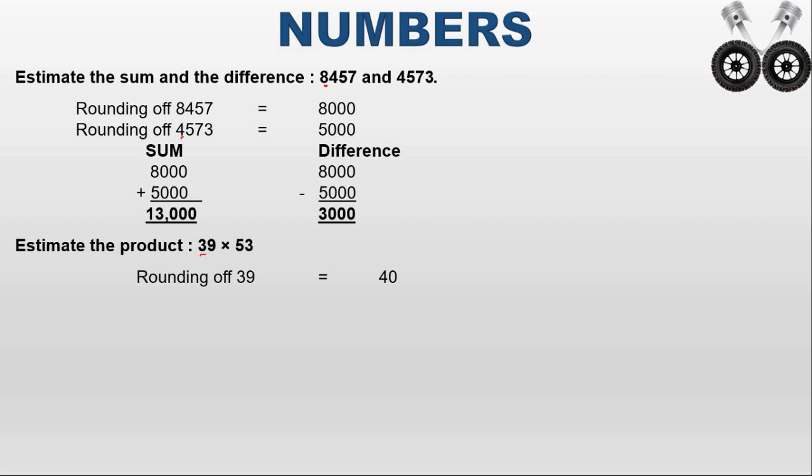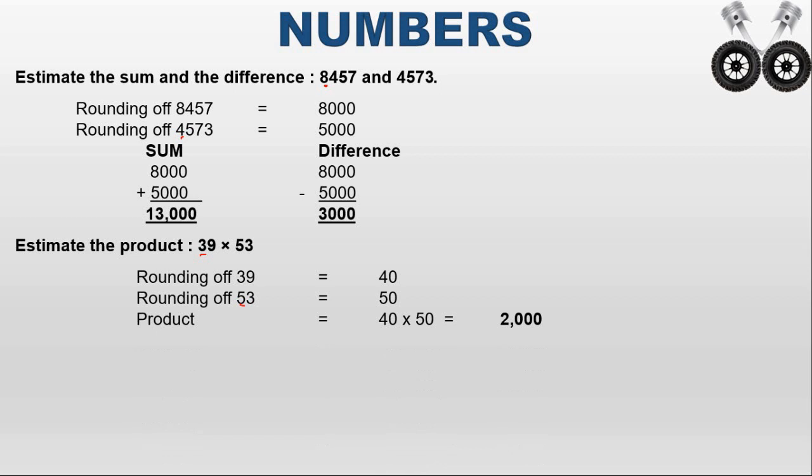So 40. Next, round off 53 to the nearest 10. So which number is in the 10th position? 5. So you should look at the right side number, that is less than 5. If it is less than 5, you have to write the number as it is. So 50.